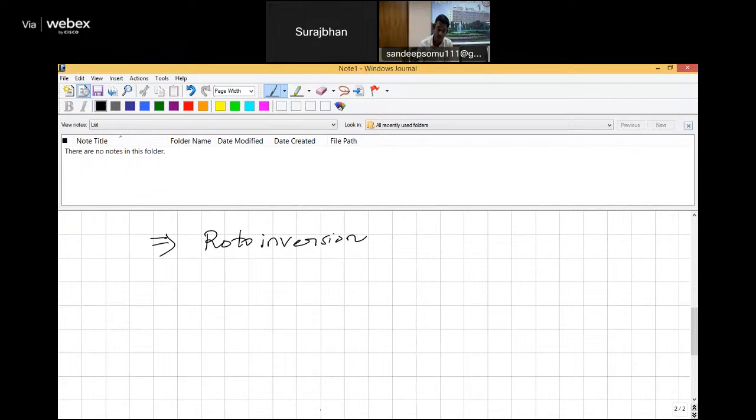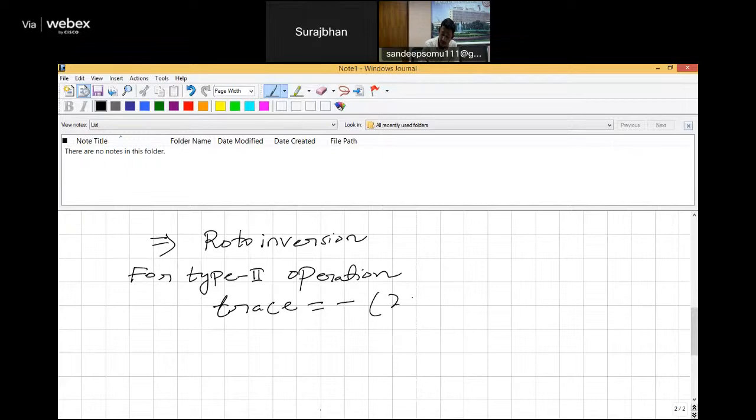So now our next step would be to determine the fold of this symmetry operation. So to determine the fold of the symmetry operation, we do trace analysis. And for type 2 operation, trace is minus 2 cos theta plus 1.